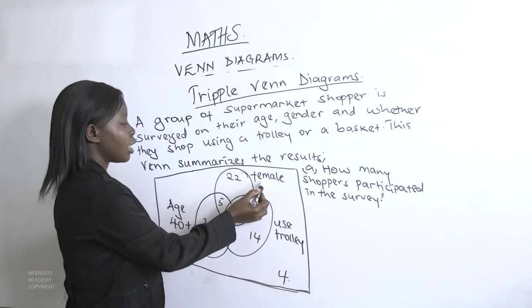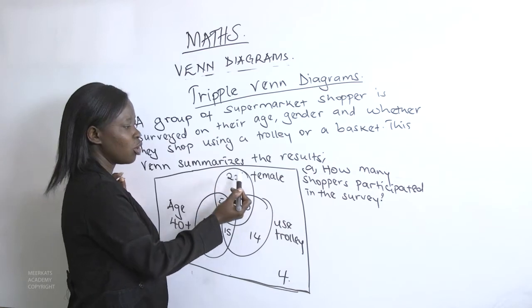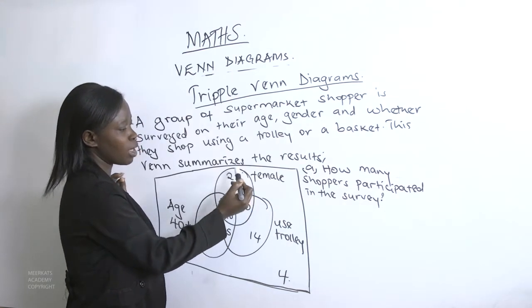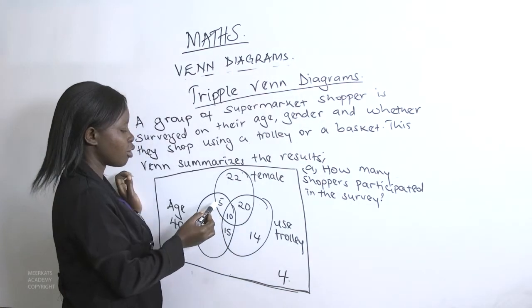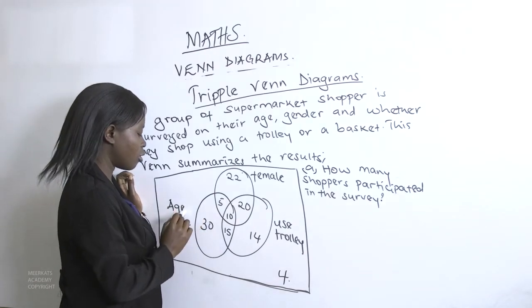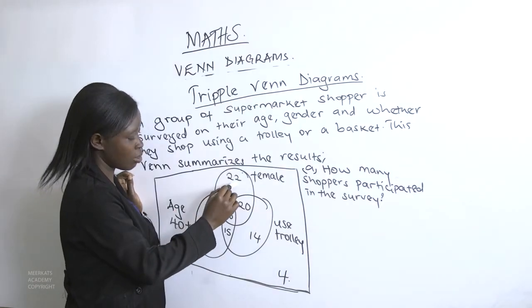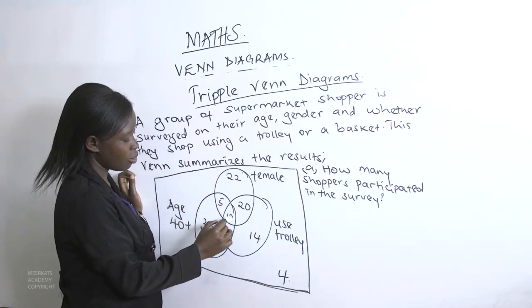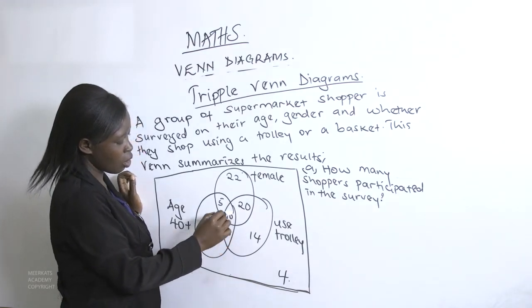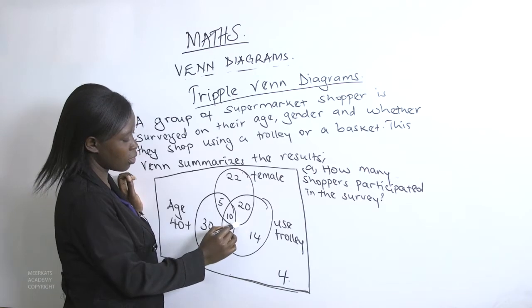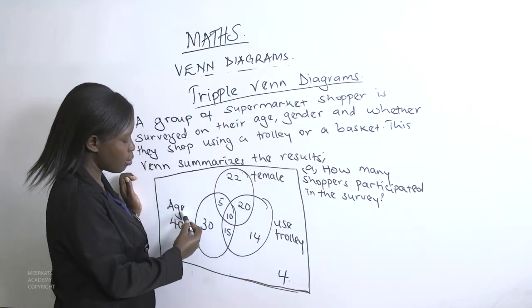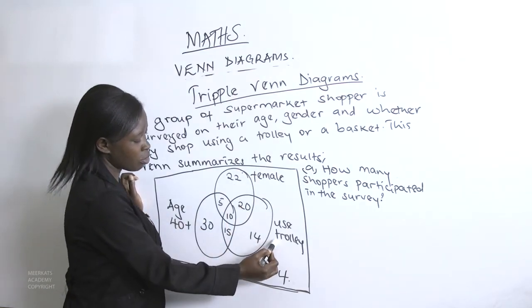So female, in this case, we are having 22. Out of 22 female in this list, we have 5 who are 40 years and above and are still female. We have 10 in this case who lie in the 3 categories. They are female, they are above 40 years, and they use trolley.